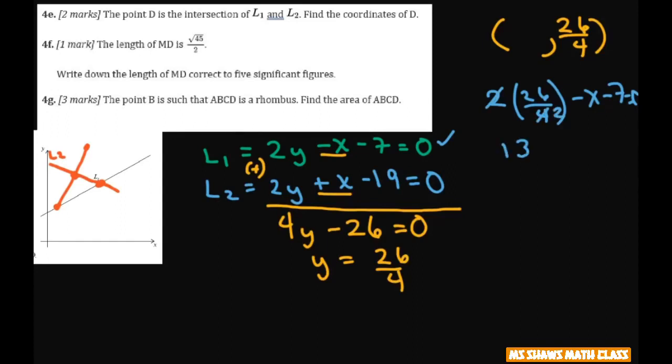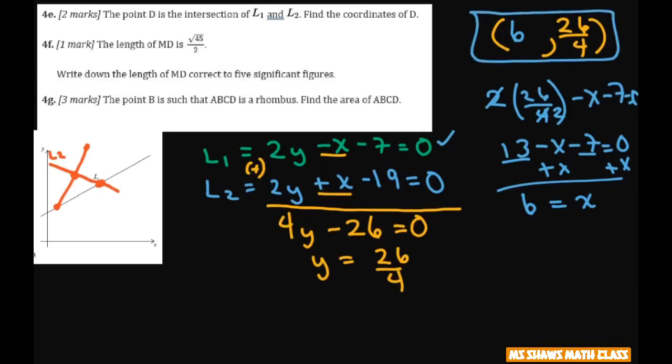So you get 13 minus x minus 7 equals 0. Add 8 to both sides of the equation, and you get 6 equals x, because 13 minus 7 is 6. So that's your answer there. Or you can use a matrix or another method.